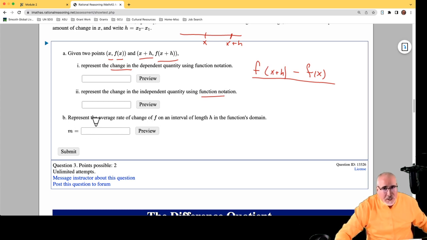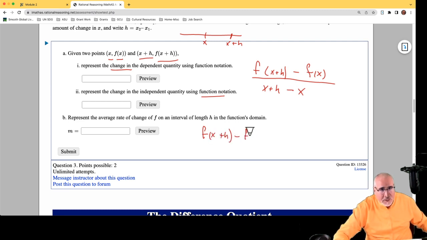So I'm jumping all the way down to here. The average rate of change is going to be x plus h, the x coordinate from the second point, minus x. And what we see is x minus x is going to cancel out. So when we simplify it, f of x plus h minus f of x, it no longer looks like a slope formula, because you don't have the x in the denominator anymore.